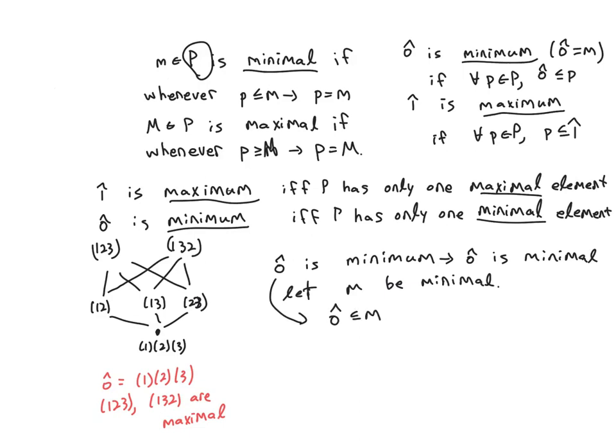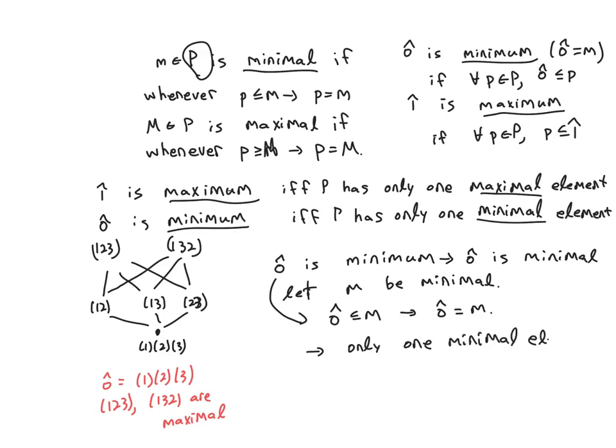But since m is minimal, nothing is below it. That tells you 0 hat has to be equal to m. So starting with an arbitrary minimal element of our poset, we showed that it's actually the element 0 hat. This tells us that not only is 0 hat minimal, it's the only minimal element. And that's all we needed.